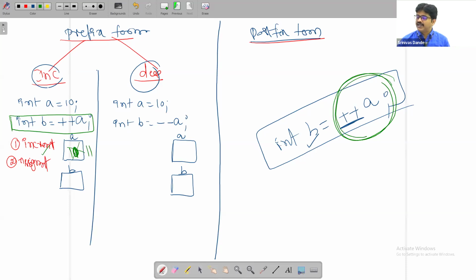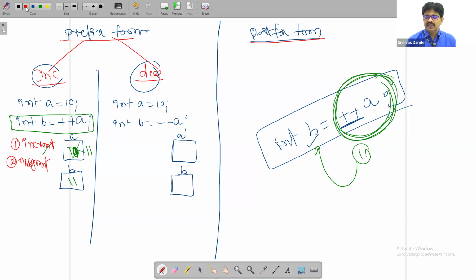Then this whole expression gives a result of 11, and that will be assigned to b. And b value is also now 11. Is that clear? Initially a is 10. You are saying plus plus a. Now increase the a value by 1, so it increases to 11. Then 11 is assigned to b. B is 11. Okay, wonderful.